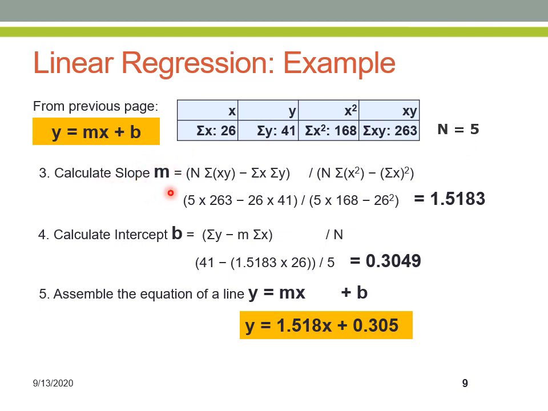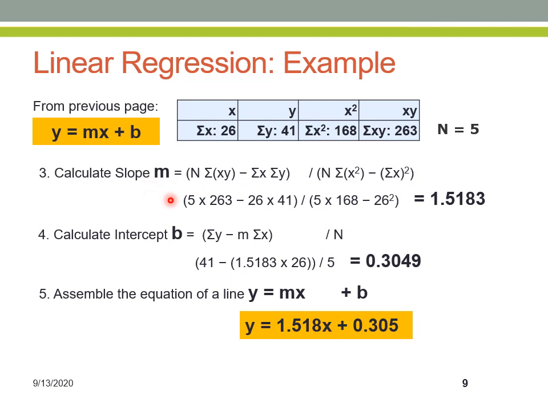Our slope m equals n, the number of data points, multiplied by the sum of x times y, minus the sum of our x attributes times the sum of our y attributes. We divide that by n multiplied by the sum of x squared, minus the sum of our x attributes, squared.